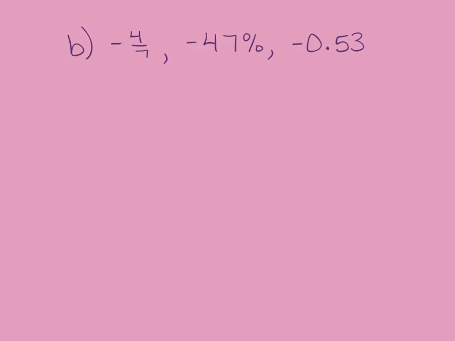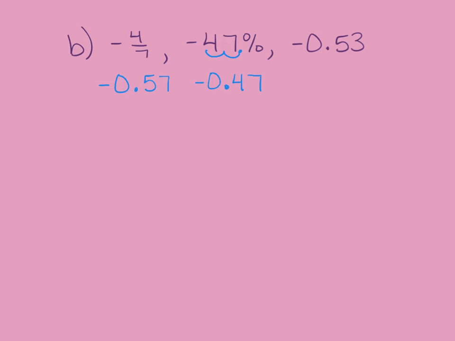So I'm just going to go ahead and round it to negative 0.57. It actually keeps on going, but we only need a couple decimal places to compare. The negative 47%, the decimal would be after the number if we don't see a decimal, so we move 2 places left, and we get negative 0.47. And the negative 0.53 is already in decimal value.